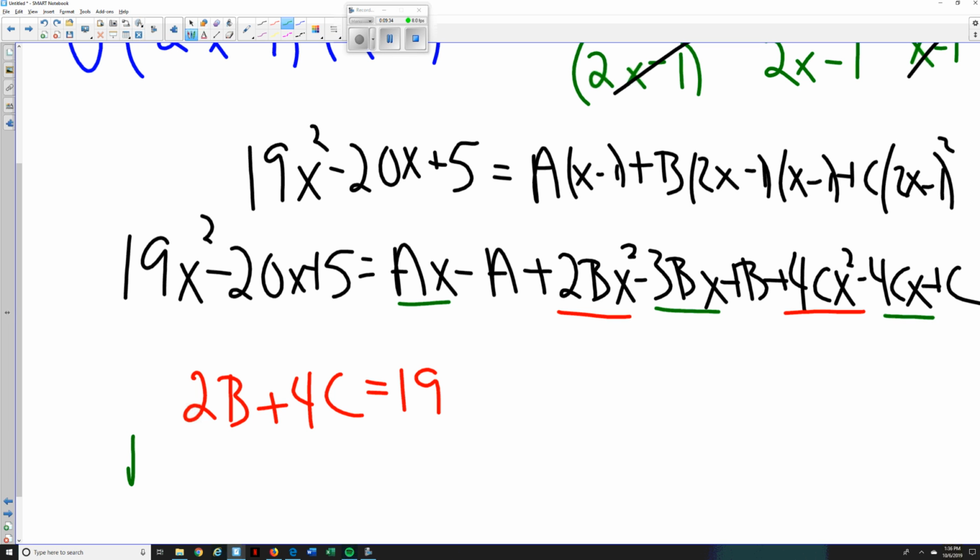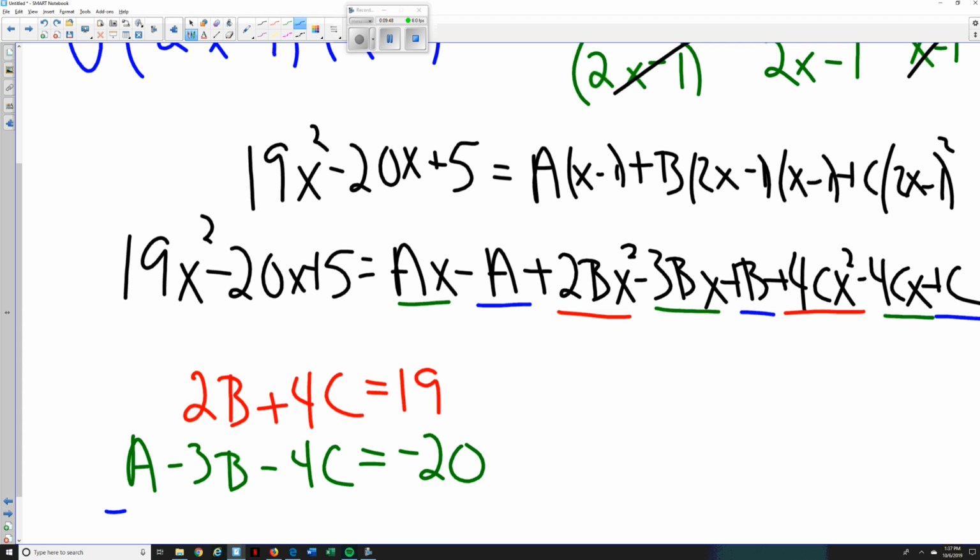So we have a minus 3b minus 4c equals negative 20. And we have minus a plus b plus c, and that equals 5.